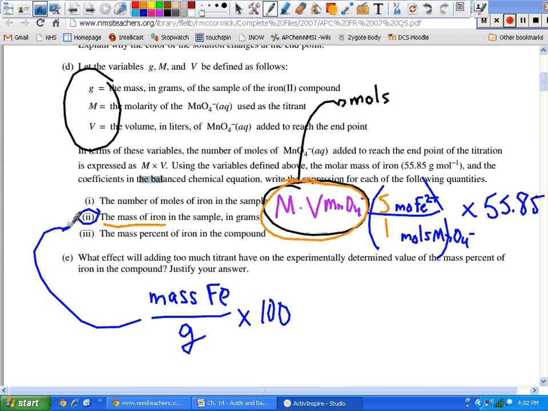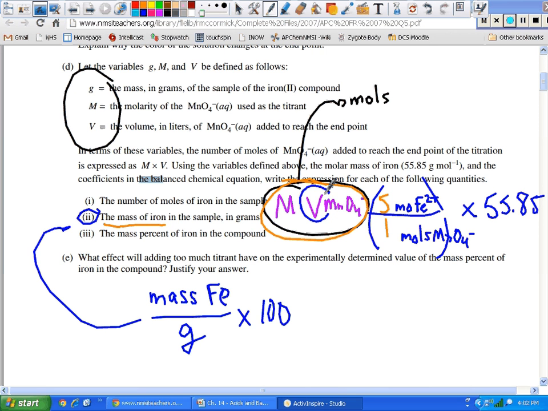At least look at all the problems, because they do that just to see if you'll give up and won't look at anything further. Okay. What effect will adding too much titrate have on the experimentally determined value of the mass percent of iron in the compound? What's going to happen? Too much volume? If you change this, what happens to your number of moles?